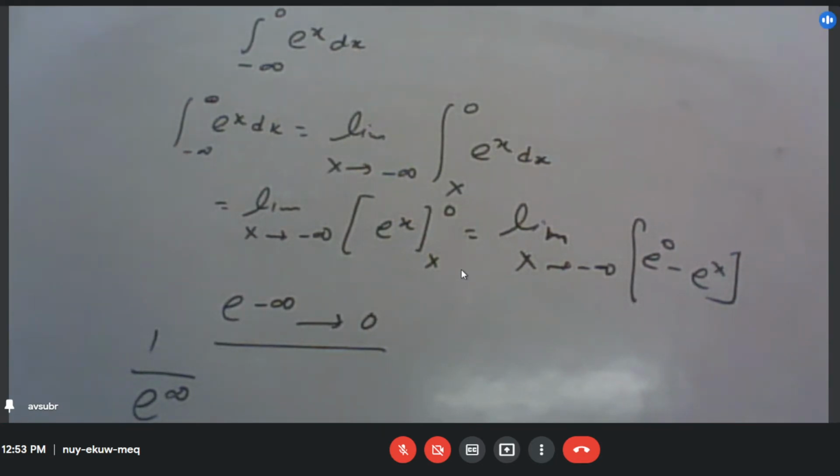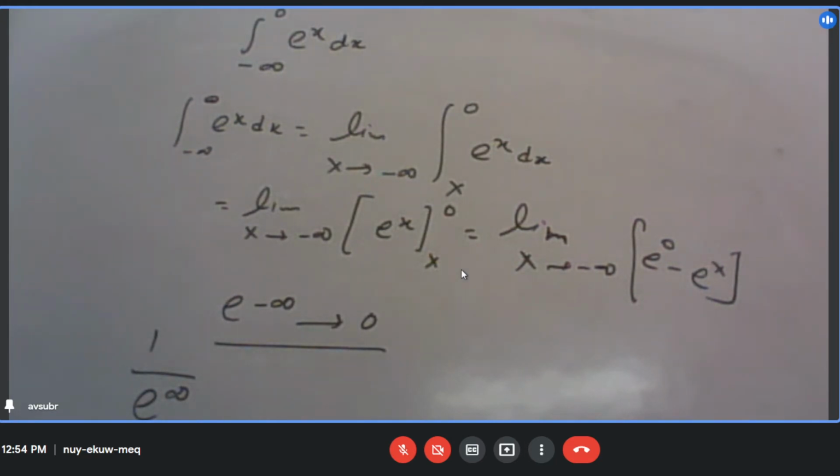Now Euler's number is 2.7 something, right? So 1 by 2.7 multiplied by 1 by 2.7, and so on and so forth up to infinity. What will be the resultant multiplication? Infinite. So 1 by infinite will tend to approximately zero.